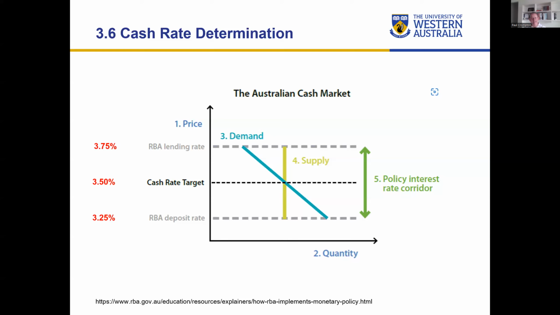Now, in reality, it doesn't quite work that way. I spoke to someone a couple of years ago who runs this market, an ex-UWA graduate, and he was saying to me that while the supply curve is at 750, while that is true, if the Reserve Bank started decreasing the amount of money in this market, the cash rate wouldn't change.